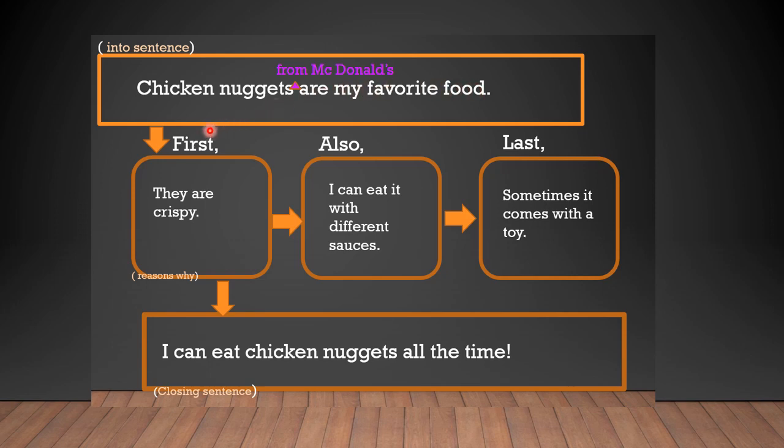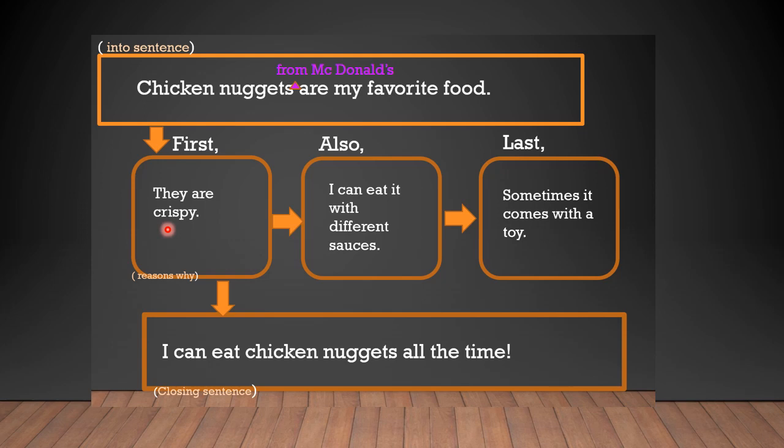Going down to my reasons. First, they are crispy. Now this sentence is a good sentence. It has my subject, it has my verb, it has my action, but I can add to it and make it a longer sentence with more detail. And I want to use my conjunction word and.